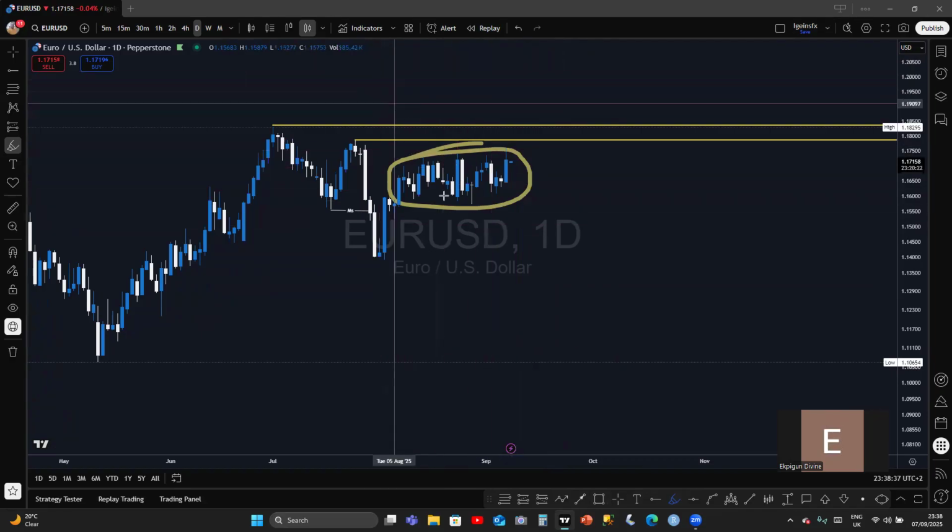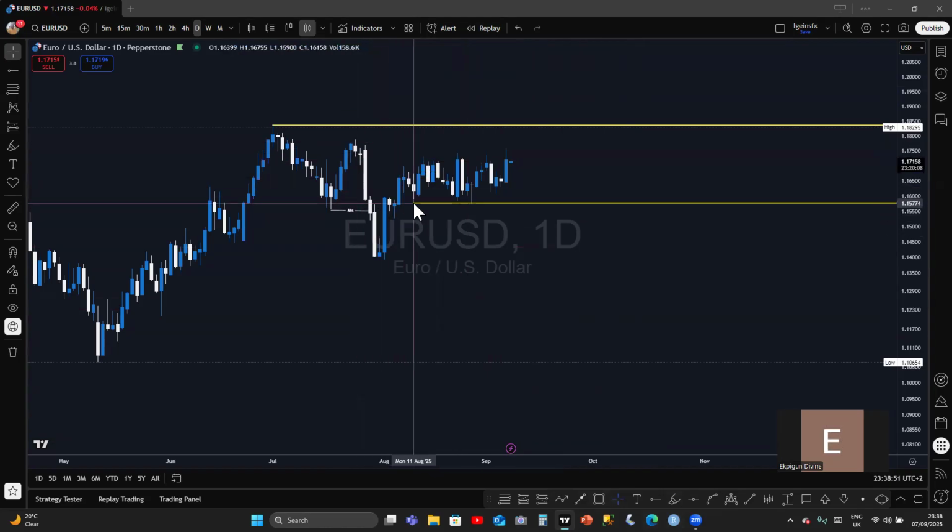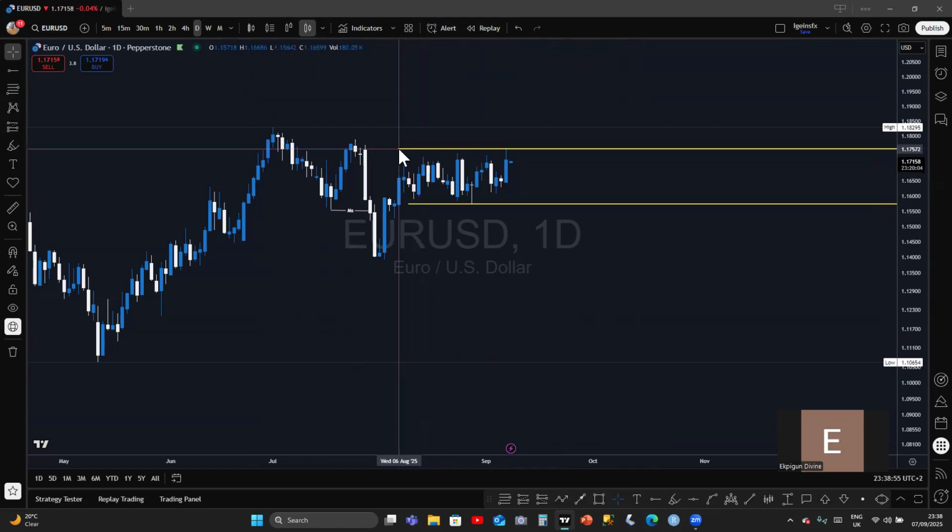When you say price is ranging, it's not trending up, it's not trending down. That means it's ranging. It's locked up in a range like this. It's just in between this place. It's not going up, it's not coming down.